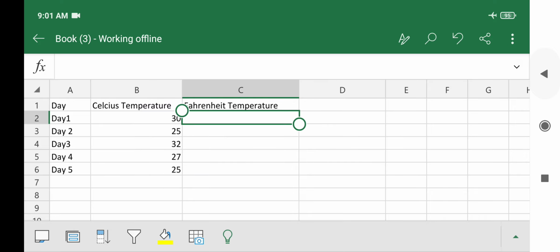Now the Fahrenheit temperature calculation is required. Again I'm doing it the same way.